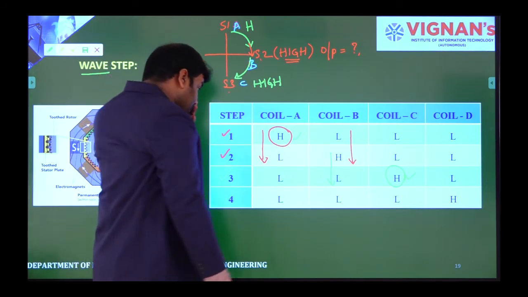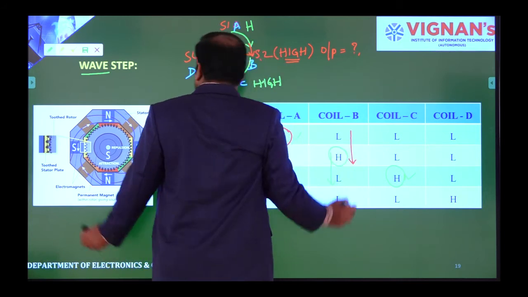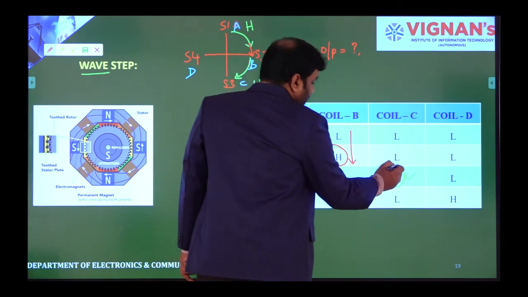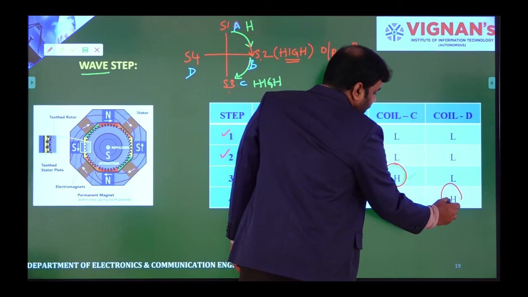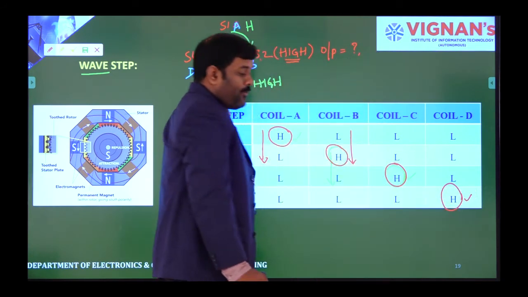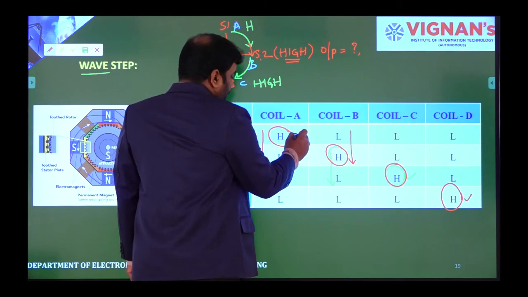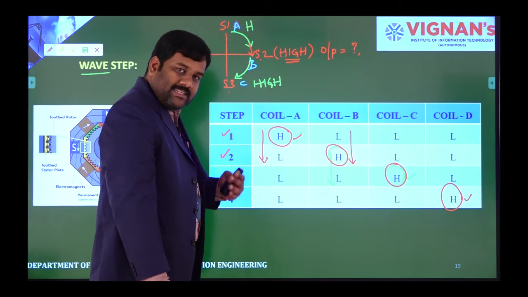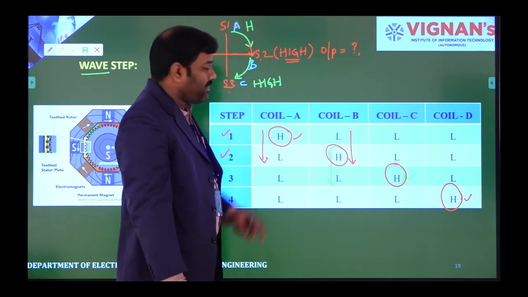In all stages, whenever you are changing the steps of coils, either in coil A, coil B, coil C or coil D, whenever you are changing the power or input of a coil to higher mode, it has to wait for some time to receive the winding or angle or lever to S2.